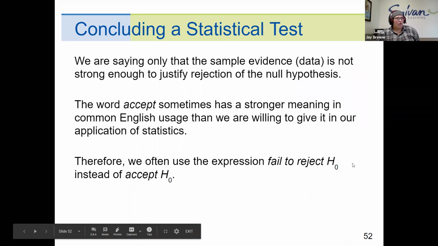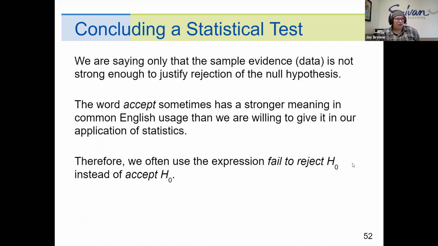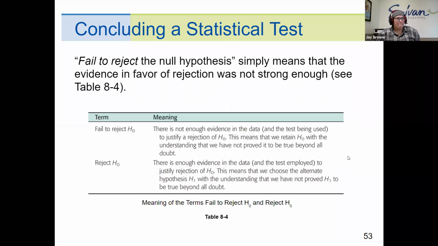The word accept sometimes has a stronger meaning in common English usage than we are willing to give it in our application of statistics. Therefore, we often use the expression fail to reject instead of accept. All right, 8.4: fail to reject simply means that the evidence in favor of rejection was not strong enough.